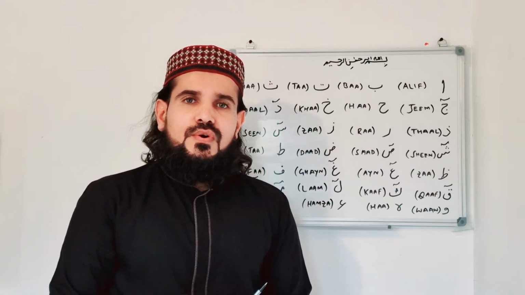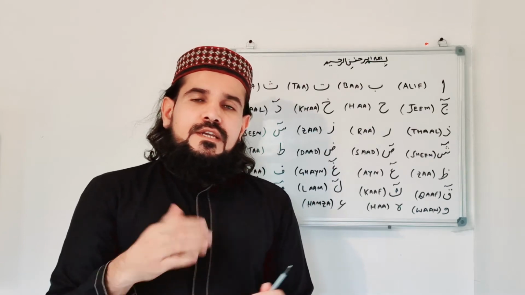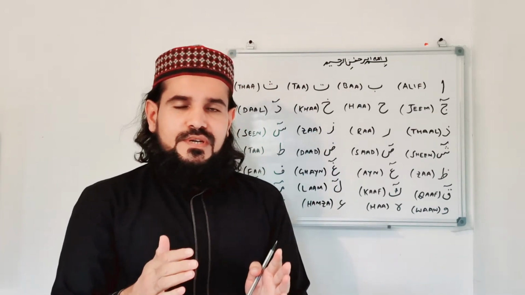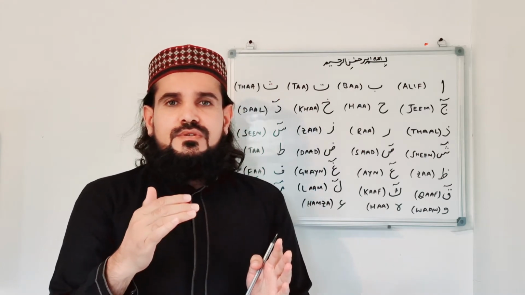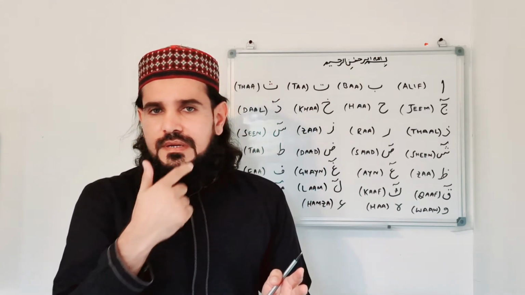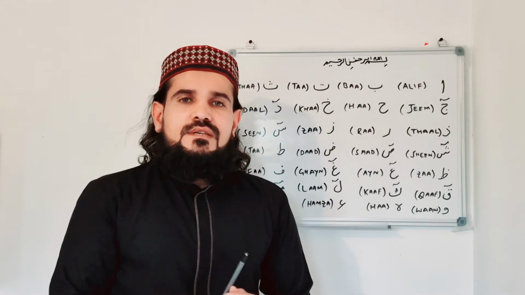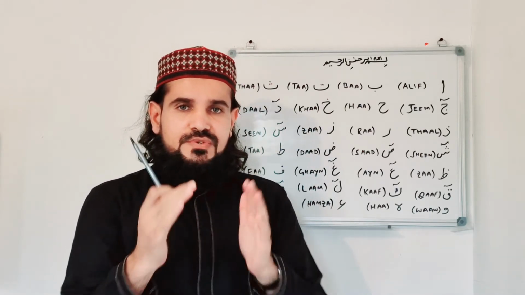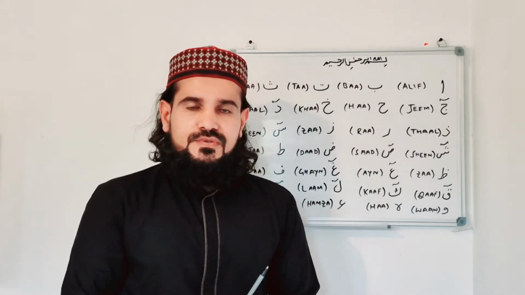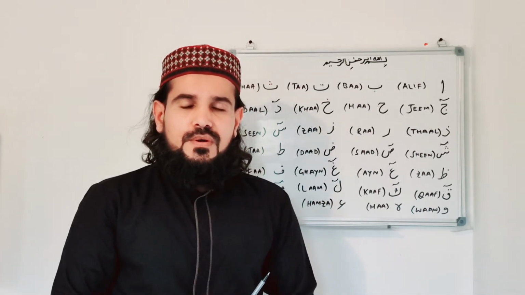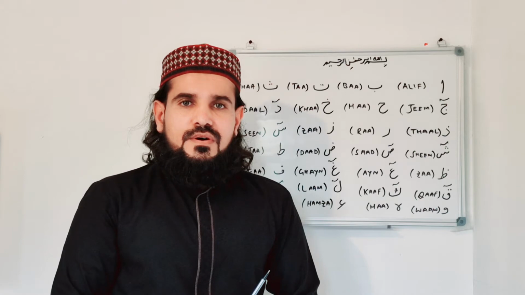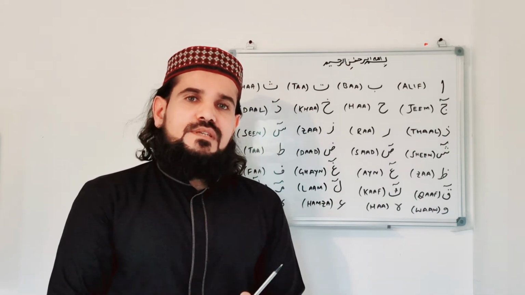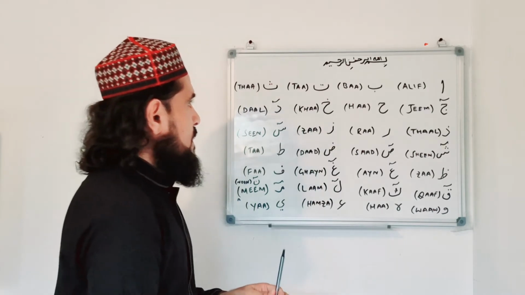And later on, once you are sure that the sound is right, then you try avoiding rounding your lips and just say Kha. So the first time I'll do it with rounding the lips, and secondly without using the lips. The second one you have to try and say properly.